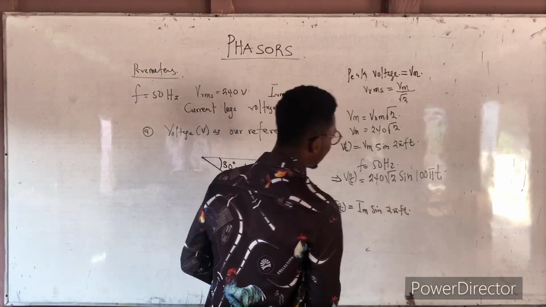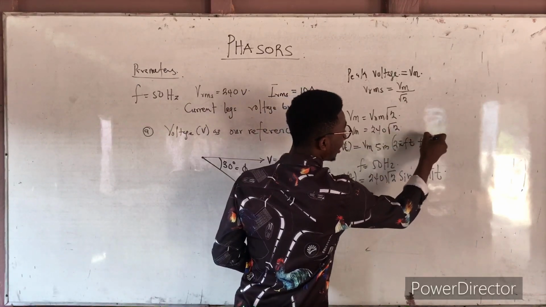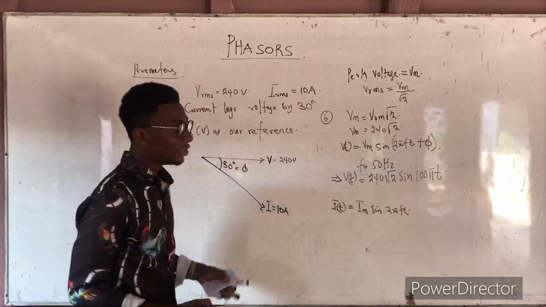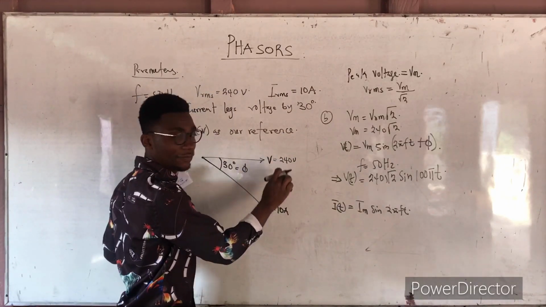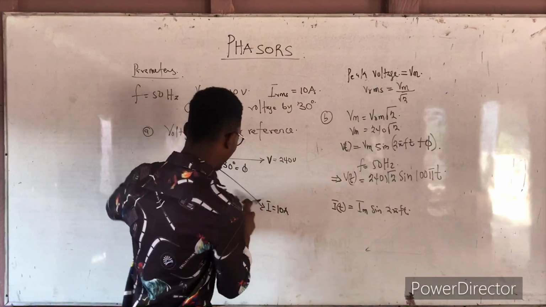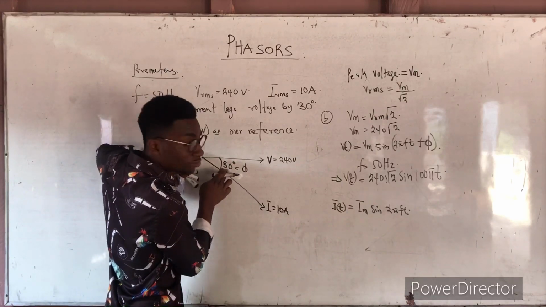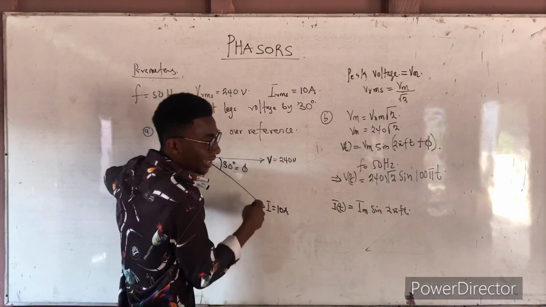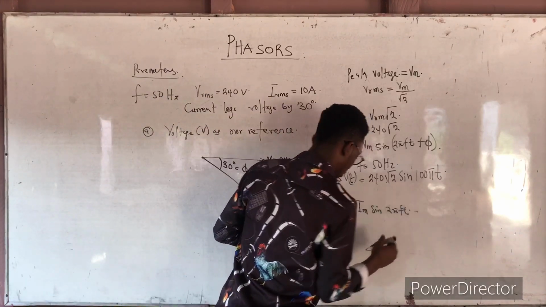But take note that when you do this, sine 2 pi ft, it is plus a phase angle. But here, there is no phase angle for the voltage because the voltage was in phase. So the phase angle for the voltage is 0. That is why we didn't bring it. But for the current, it was lagging. It's out of phase and lagging by an angle of 30 degrees. So because it's lagging, it is negative, so minus the phase angle.